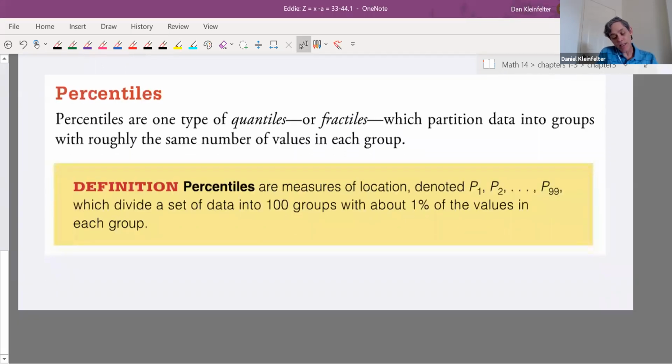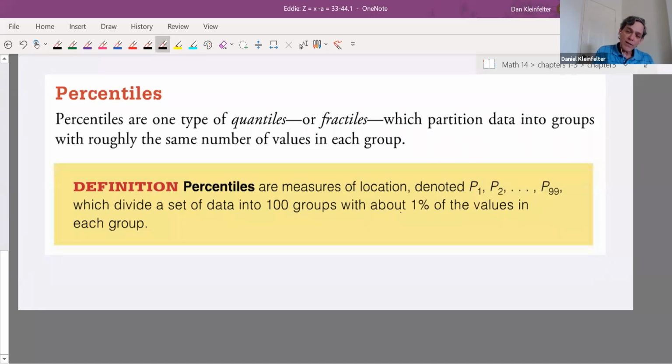Percentiles, as the name implies, are where we divide the data into 100 groups. They are measures of location denoted P1, P2, all the way up to P99, that divide a set of data into 100 groups so that about 1% of the data is within each group.